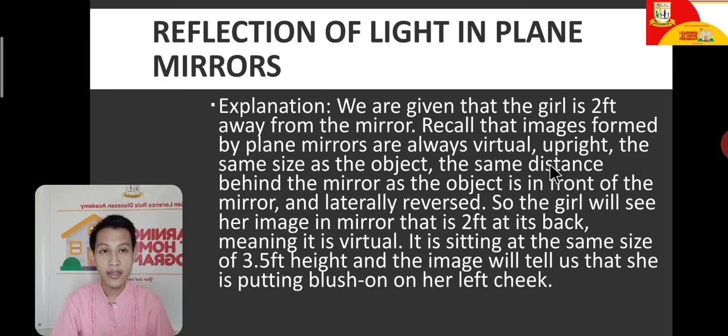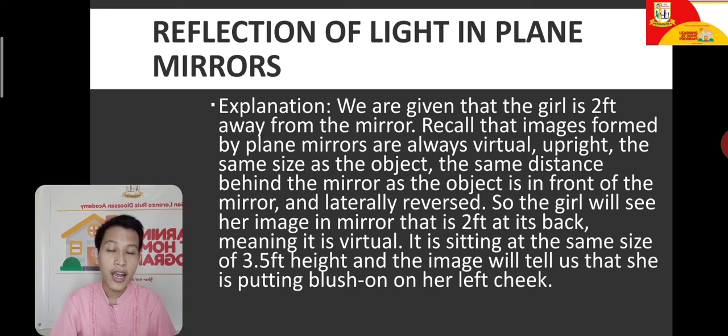So, let us have this. We are given that the girl is 2 feet away from the mirror. So, recall that images formed by plane mirror are always virtual, upright, same size as the object, the same distance as the object behind of the mirror as the object in front of the mirror, and laterally reverse. Okay. So, the girl will be seen 2 feet away from the mirror.